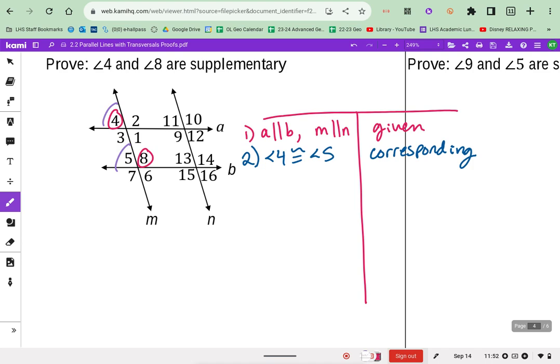Okay, so step 3, we will say angle 8 and angle 5 are supplementary. And the reason why they're supplementary is because they are a linear pair.